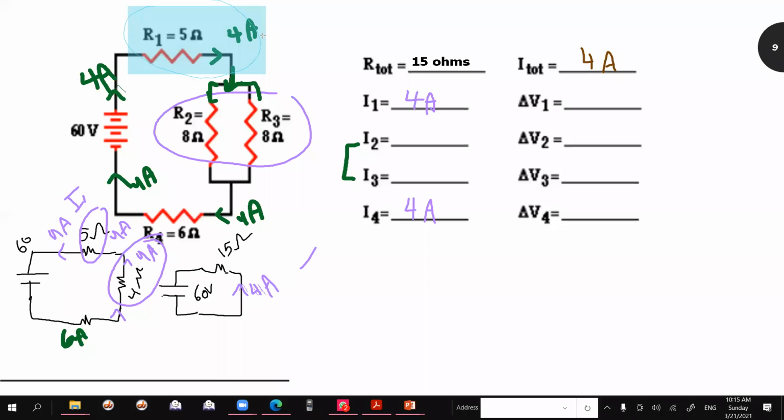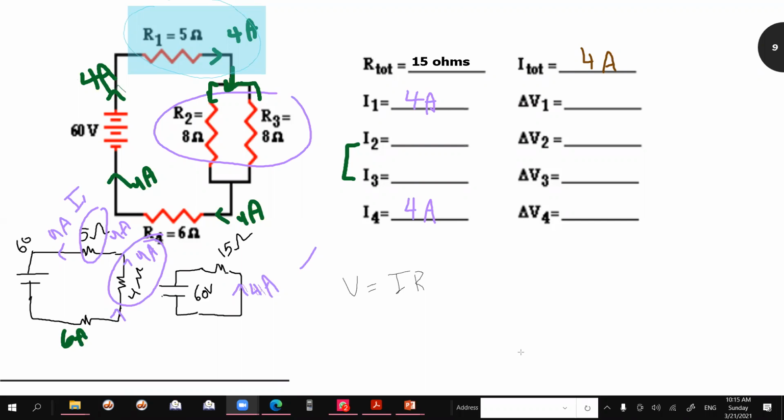I mean that I can find the voltage for R1. In order to find the voltage, we know that R1 is 5 ohm, the current is 4, so I can find the voltage by Ohm's law. That's V is I times R.